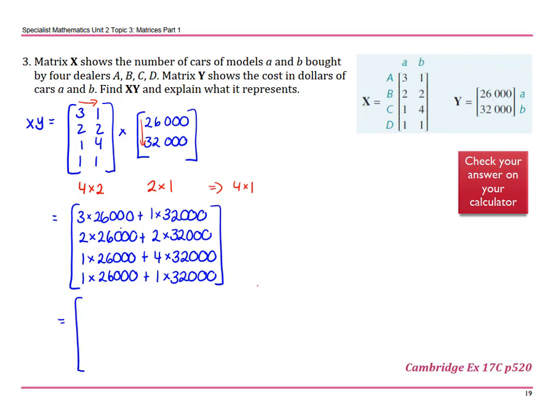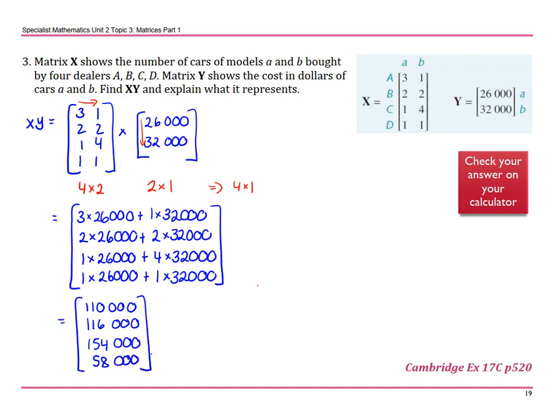So evaluating that, first one will be 110,000. Next will be 116,000. Then we have 154,000. And finally 58,000.